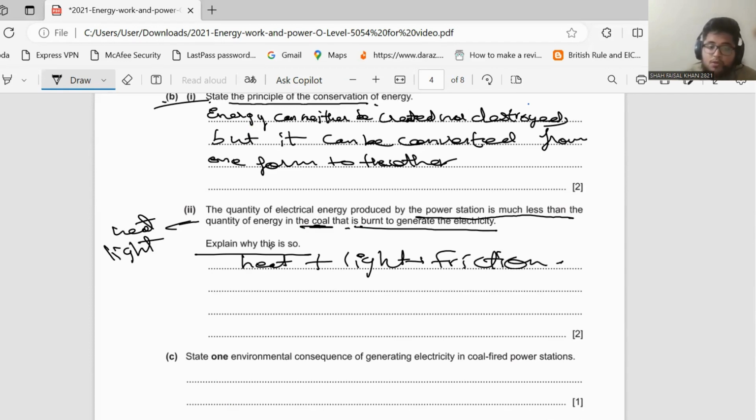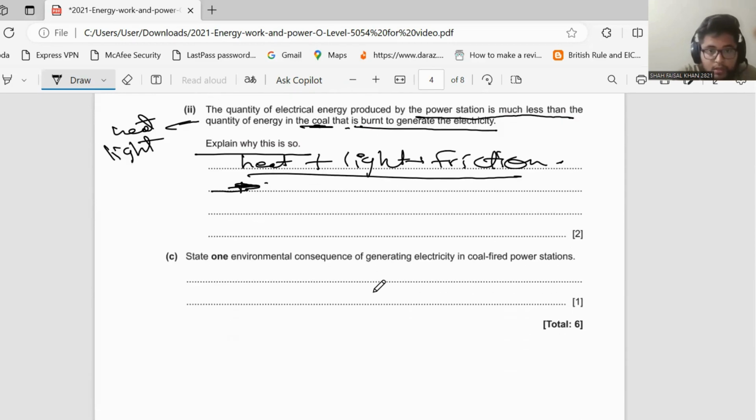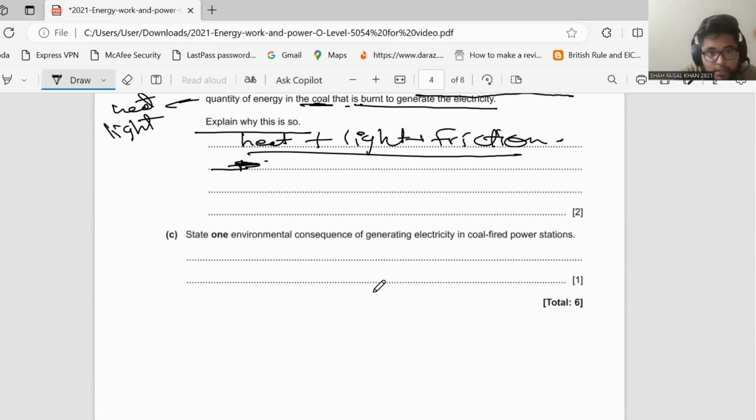Hence the energy is distributed among these three factors, so that's why the full potential of the energy is not applied in generating electricity.